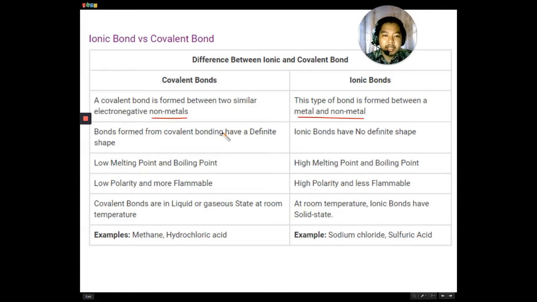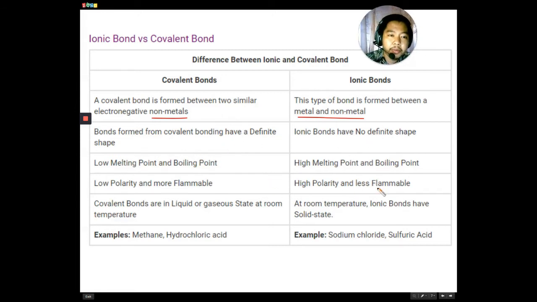This is how we identify an ionic compound. Once you've seen a metal in the compound, automatically it is an ionic compound. It doesn't matter if it's a compound consisting of 6 non-metals and 1 metal. Basta kapag may isang metal, automatic, that's an ionic compound, formed by an ionic bond.